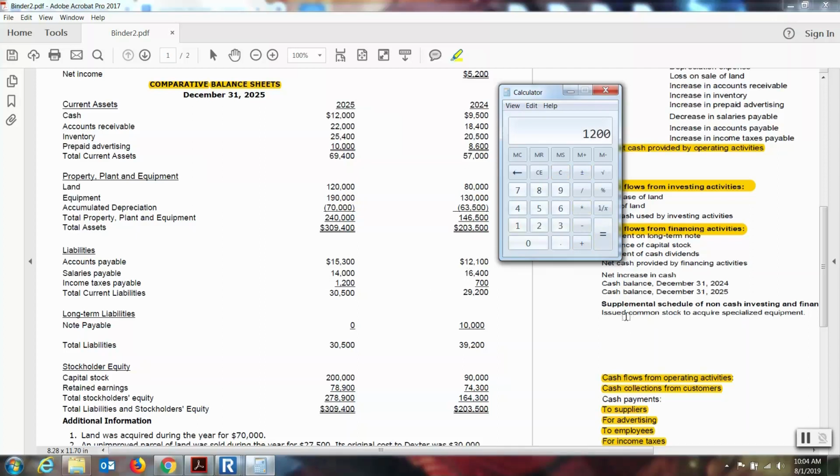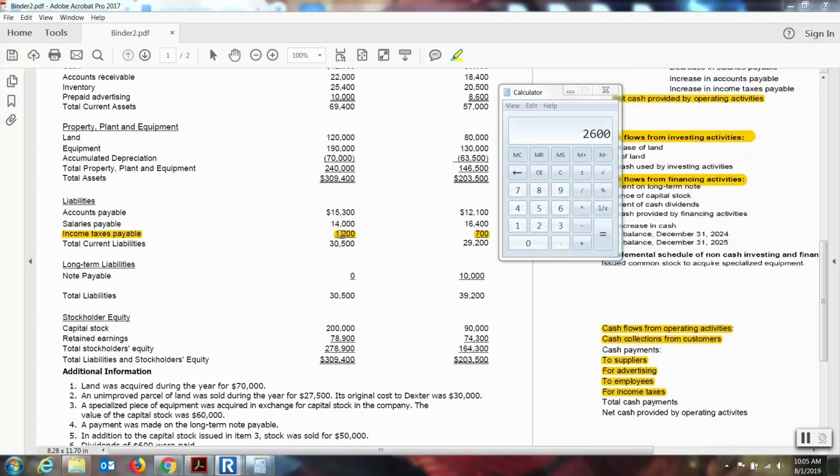Current balance is $1,200, so we owe $1,200. This company, Dexter, owes $1,200 in taxes. The balance at the end of last year was $500, so that's a difference of $500. Increase in the amount that we owe implies $500 more than last year has not been paid.